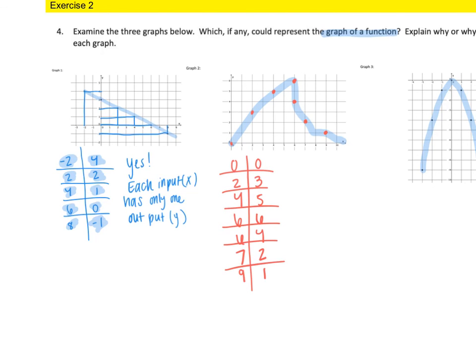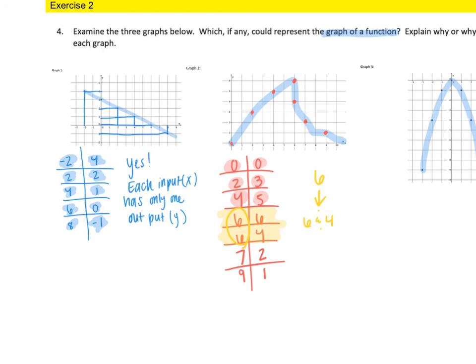All right. My input of 0 has only one output of 0. Okay. My input of 2 only gives me a 3. Input of 4 only gives me a 5. Input of 6 gives me a 6. Input of 6 gives me a 4. This is where I have some trouble. Okay. I have one input, 6, giving me 2 outputs, right? I'm giving a 6 in, and I'm getting a 6 and a 4 out.